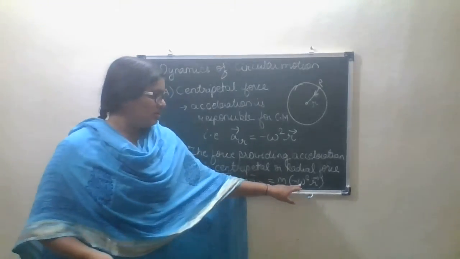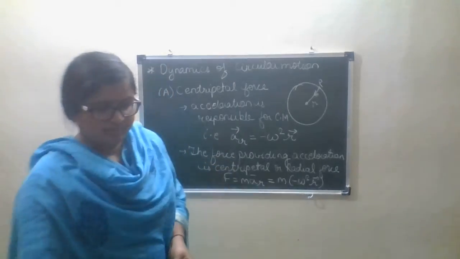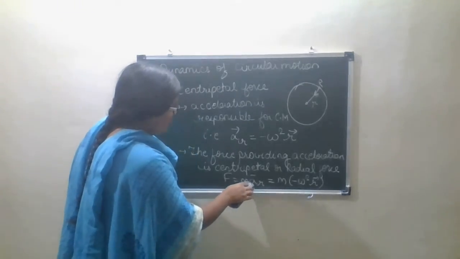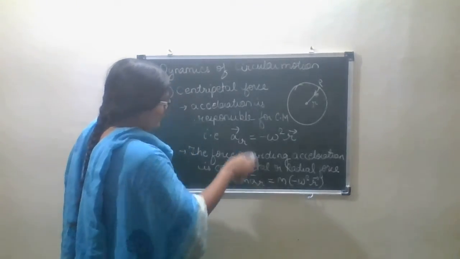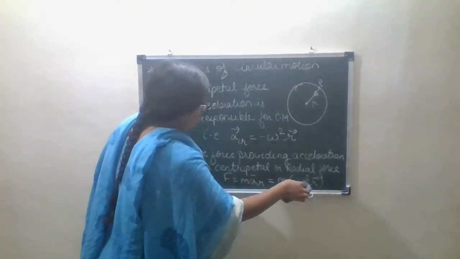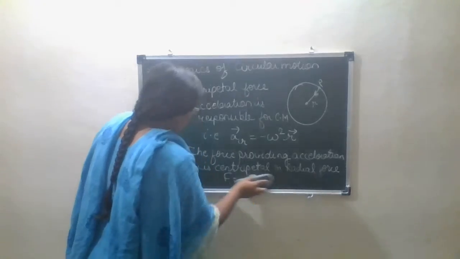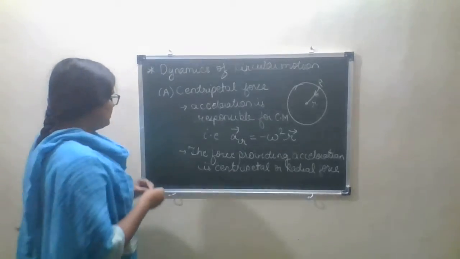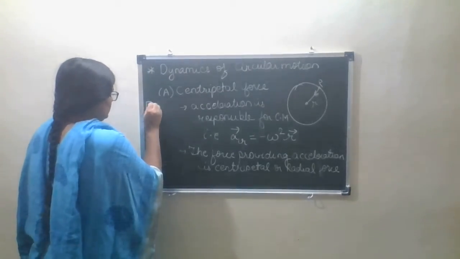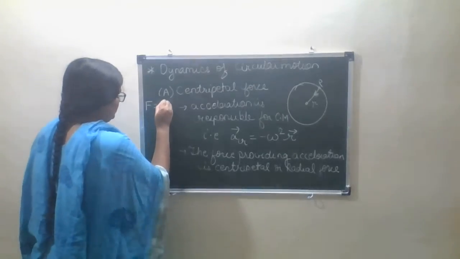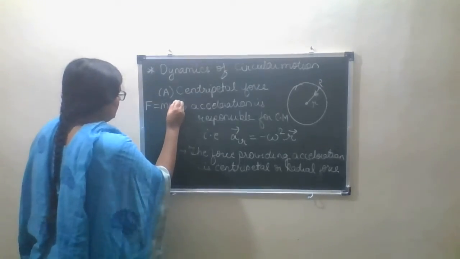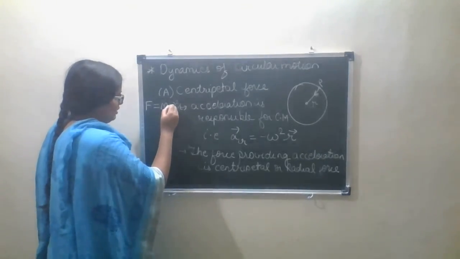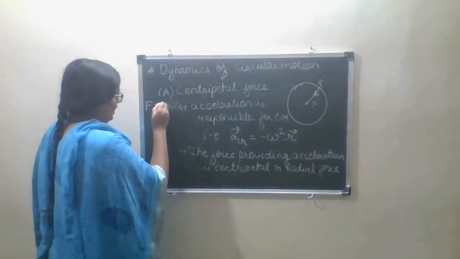Further steps: substituting this value of a_r in F is equal to m a, we get F is equal to m into minus omega square r.